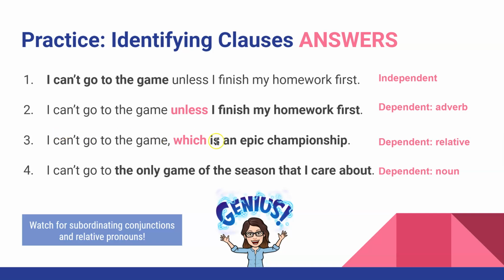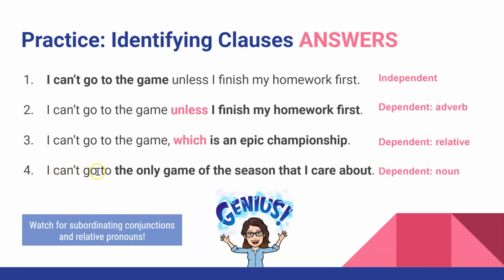Now, number 3 has a relative dependent clause because it has the word which, relative pronoun, at the beginning. And finally, this giant clause at the end of sentence 4 is one big noun clause.